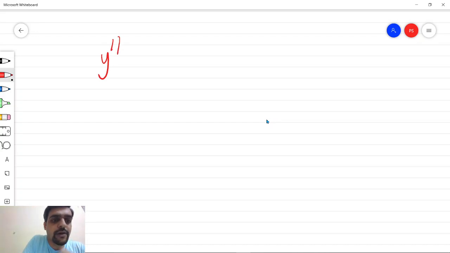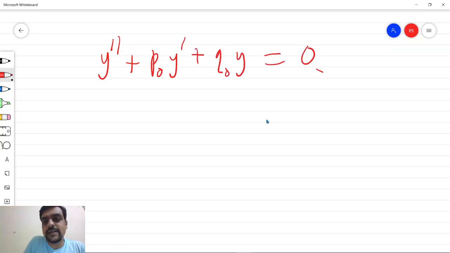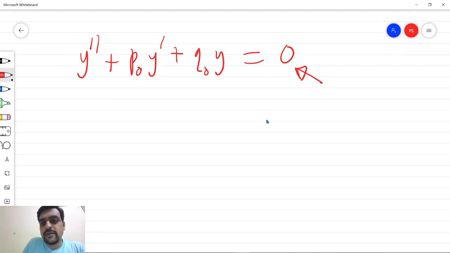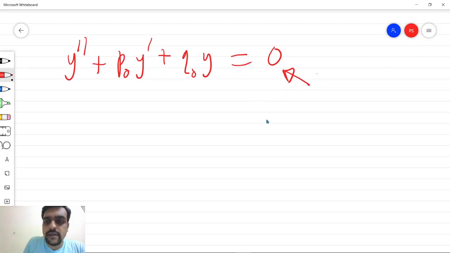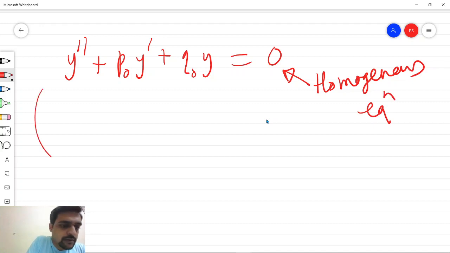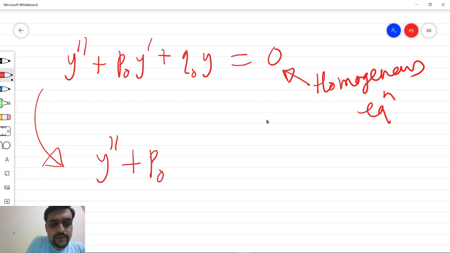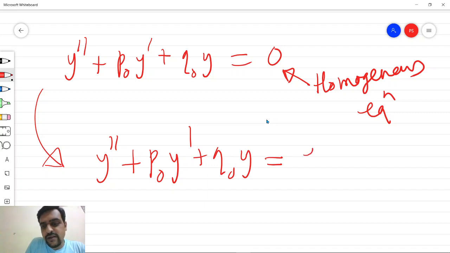That is, we have already learned how to solve this type of equations when on the right hand side we have 0, which is a homogeneous equation. Now we will extend this discussion and try to solve the equation when on the right hand side we have a function of x.